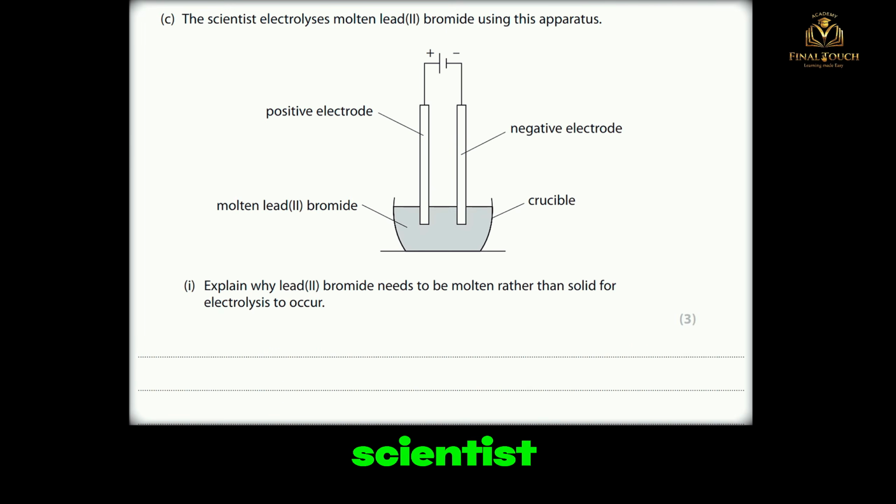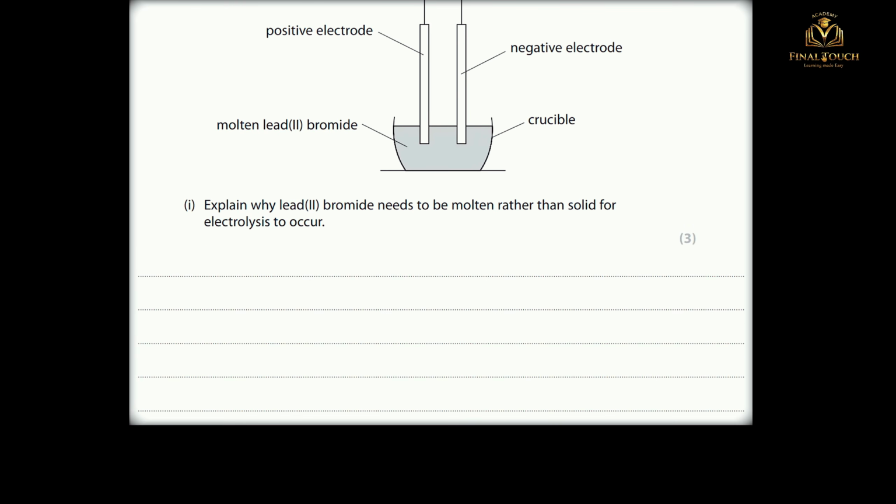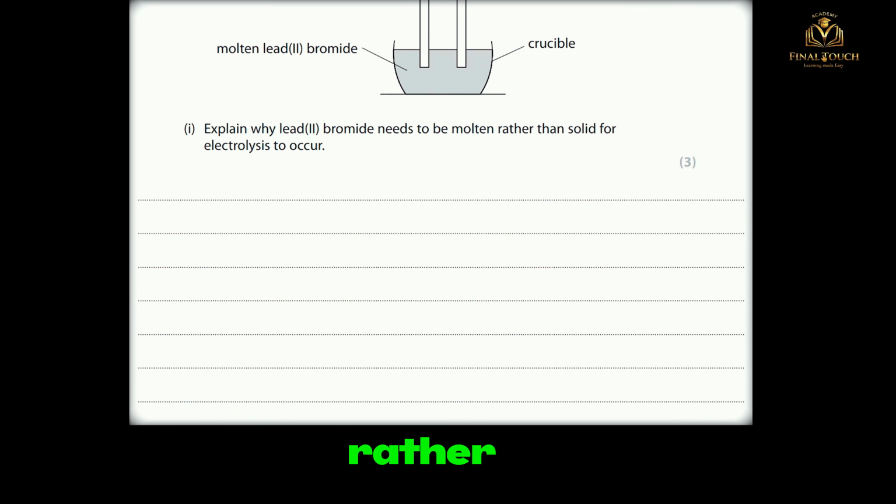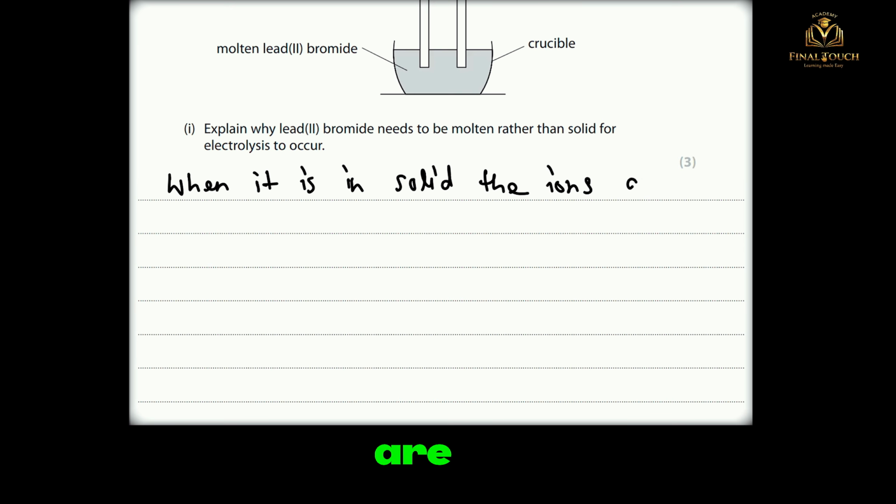Moving on to C, the scientist electrolyzes molten lead(II) bromide using this apparatus. Explain why lead(II) bromide needs to be molten rather than solid for electrolysis to occur. So obviously when it is solid, the ions are fixed in the lattice structure they have.